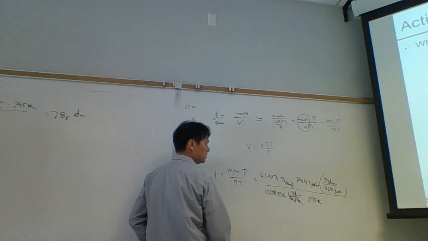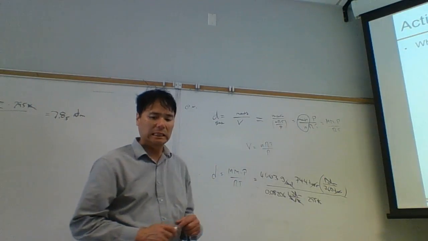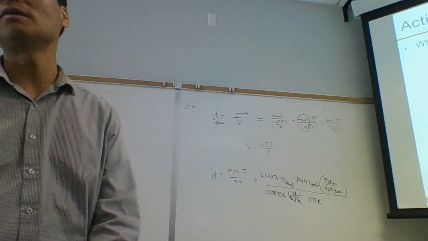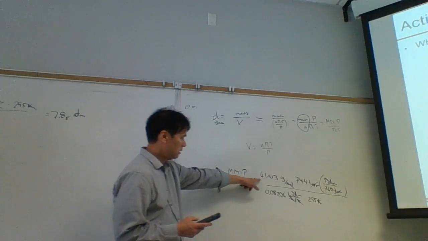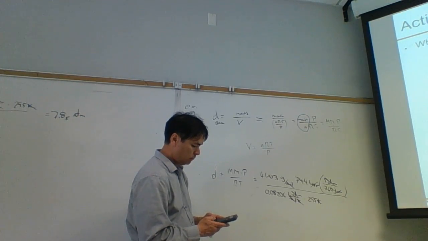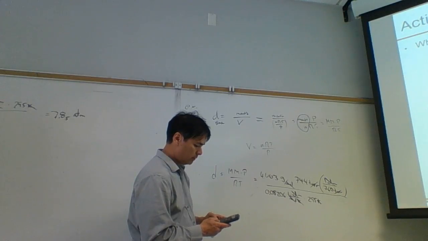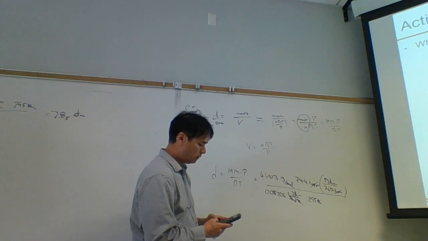Well, that's density. Density should be grams per milliliter or grams per liter. Normal densities are in grams per milliliter, but gases are typically 1,000 times less dense, so we want them in grams per liter rather than grams per milliliter. So the units work out, and the equation that we derived looks good. I'm just going to put in the numbers: 4.003 times 744 divided by 760, divided by 0.08206 divided by 295.